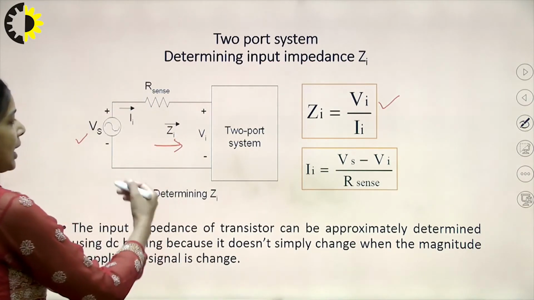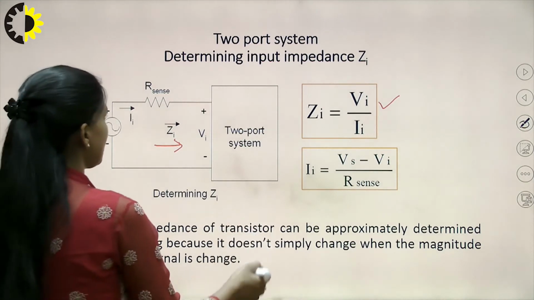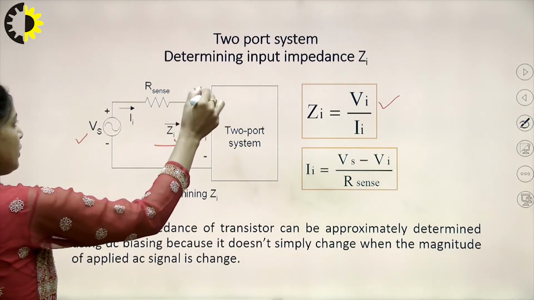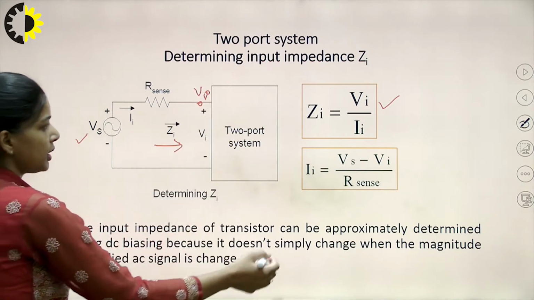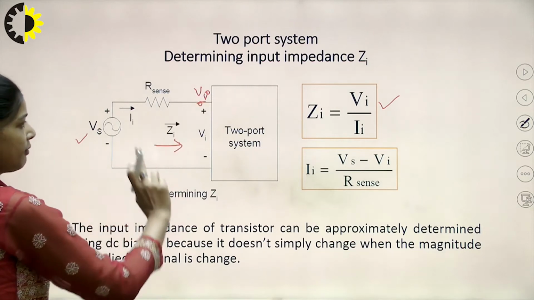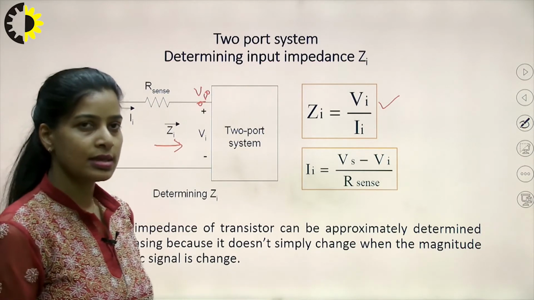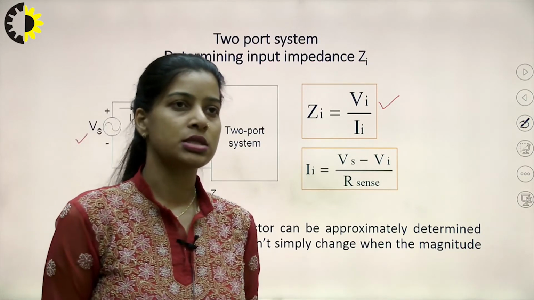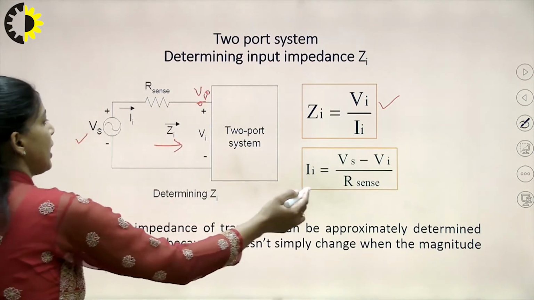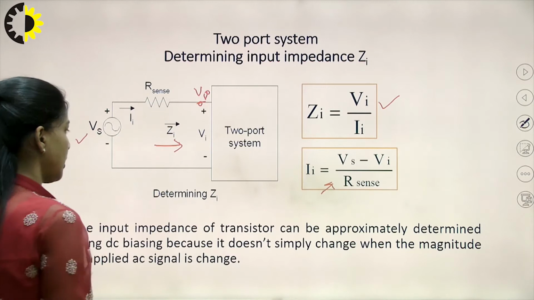The current I is V by R. Here the voltage is Vin, so the current will be Vs minus Vin divided by the sense resistance, which is implemented here to have a defined value of the current.